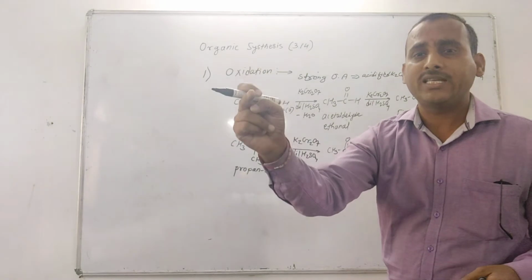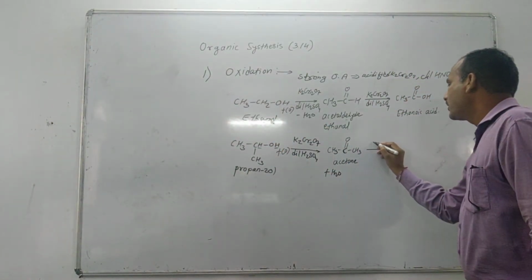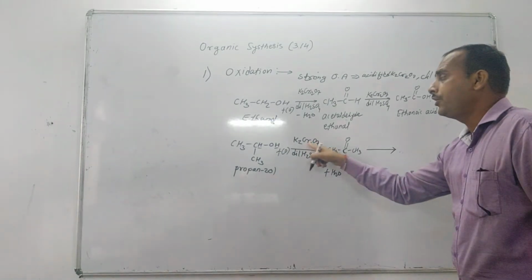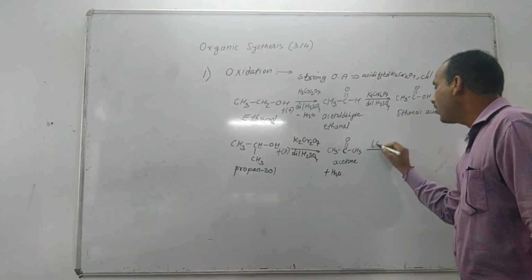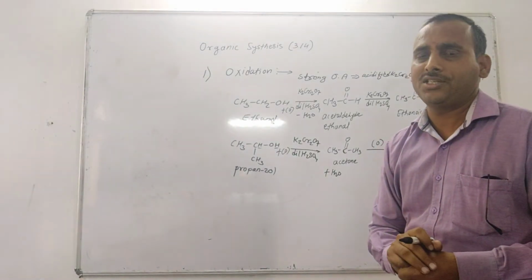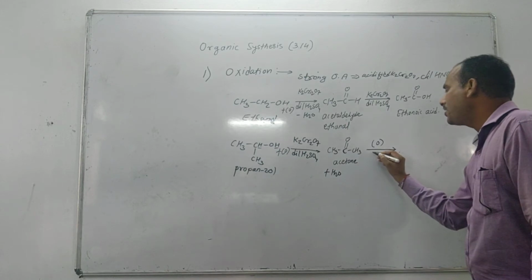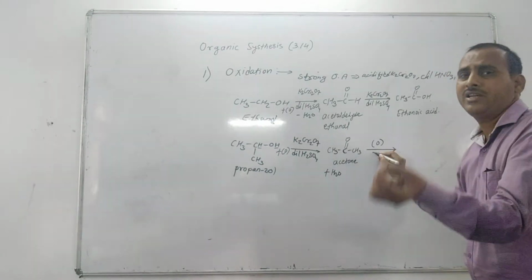Then again, if we have to oxidize this ketone to carboxylic acid, there is the same oxidizing agent, K2Cr2O7, but this oxidation is carried out under drastic conditions, meaning strong heating for a long time.